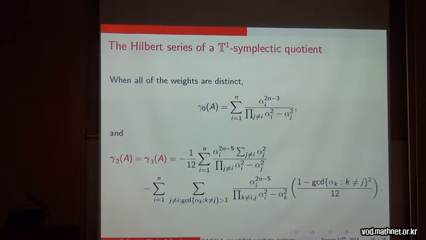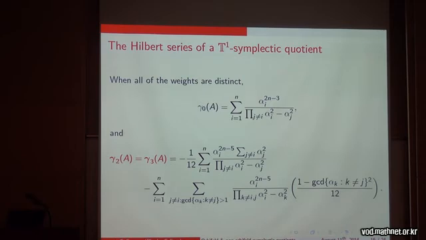The hard part is the singularities that correspond to when alpha i is equal to alpha j, so when two weights coincide, those are removable singularities. Showing that even when two weights coincide, taking out those removable singularities gives you the same formula was the hard part in this computation.